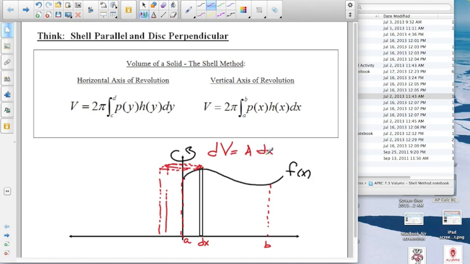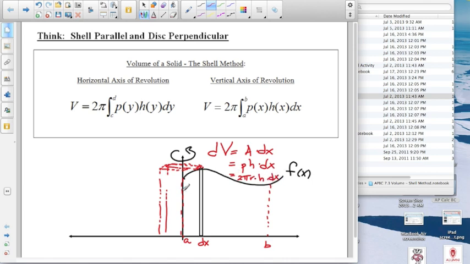And so this surface area is going to be the perimeter of the base times the height times dx. And so the perimeter of the base is going to be 2 pi times the radius, if we just write it the way we would in geometry.